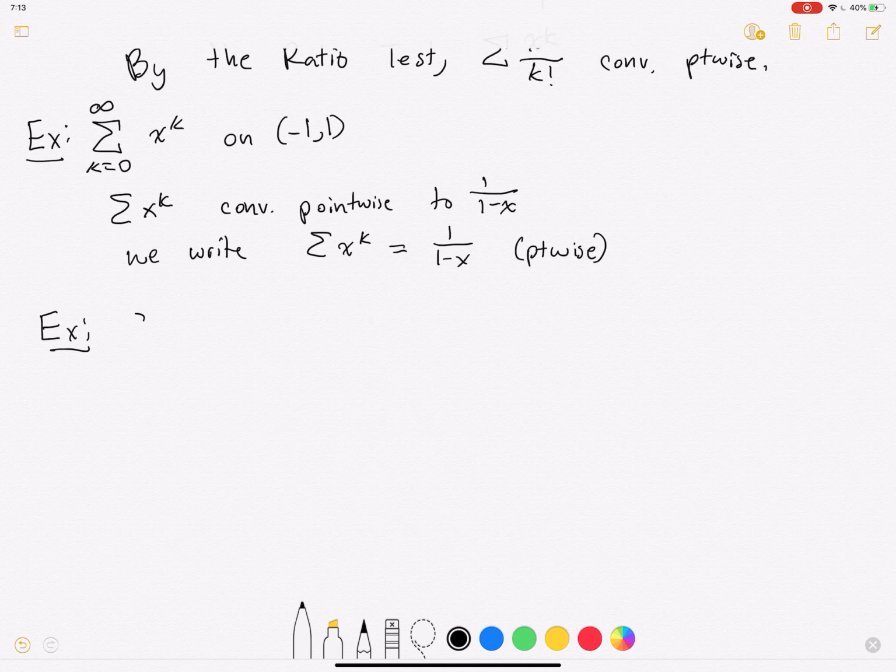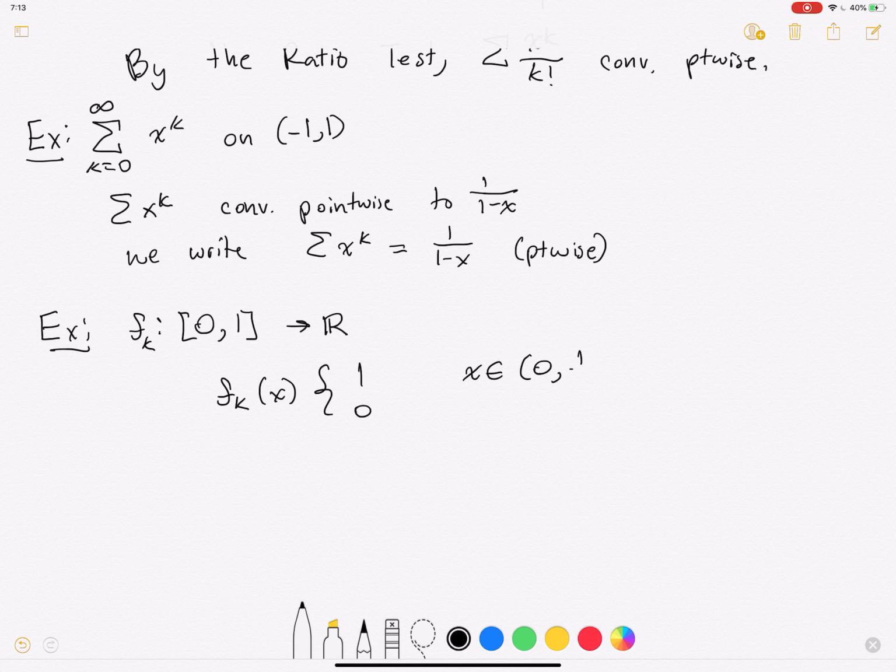As another example, we take f_k defined from the closed interval from 0 to 1 to the real numbers as f_k(x) equals 1 if x is in the open interval 0 to 1 over k, and otherwise it's 0 everywhere else.